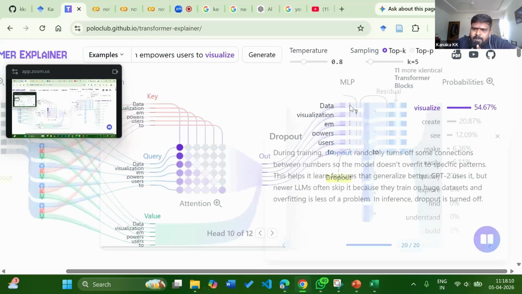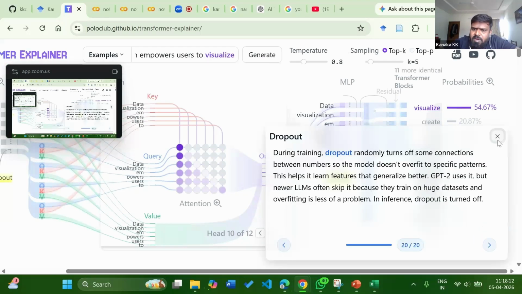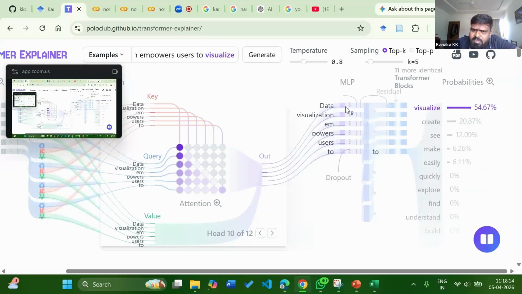Now one more concept. Before feeding into the multi-layer perceptron, for a single word there is one group of perceptrons, and likewise different groups of perceptrons are present here.